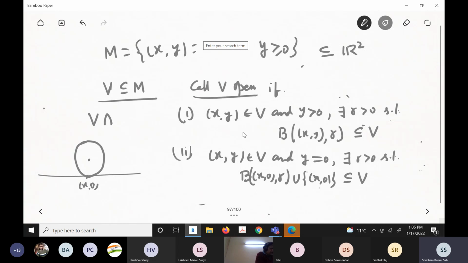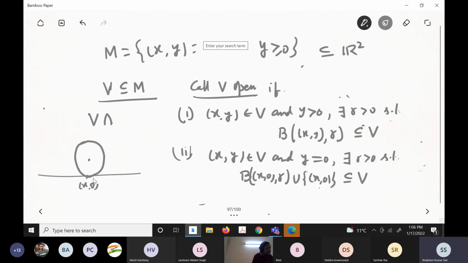If you have this point, we need not have that point; we only need to consider this thing. But if it has a point from the x-axis, then you will have this. Got it? This will give you a topology. You can check it, because this kind of usual disk and this kind of disk, if you include that, will give you a base for a topology.